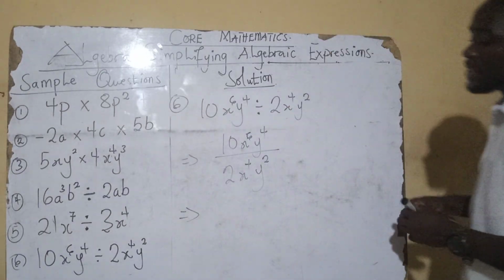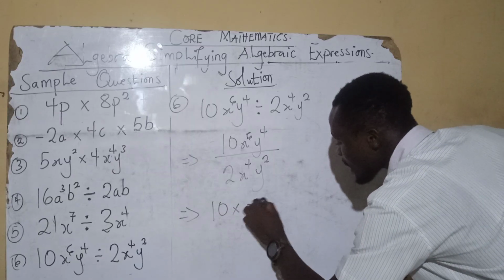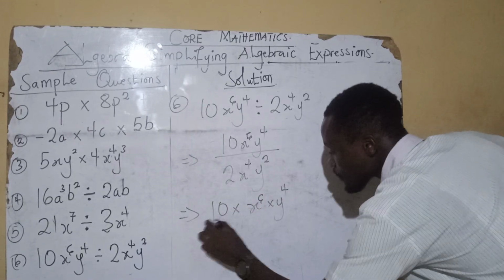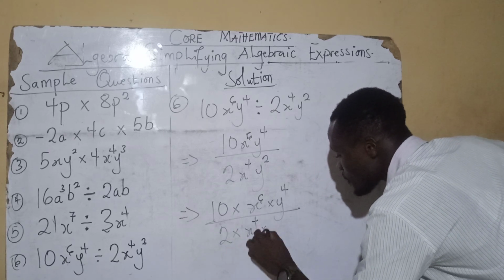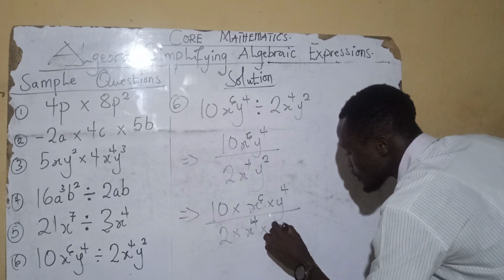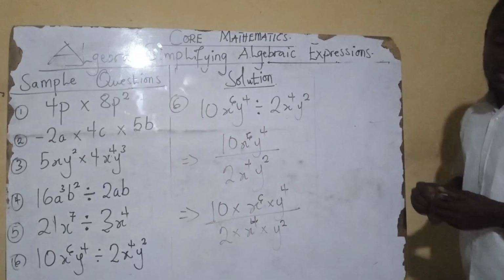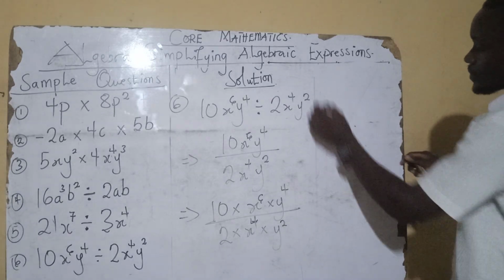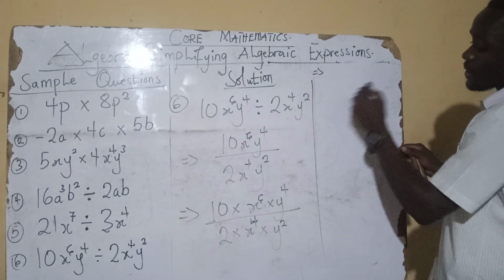So mathematically this can also be expressed as 10 multiplying x power 6 multiplying y power 4 all over 2 multiplying x power 4 multiplying y power 2. So we have the continuation here.